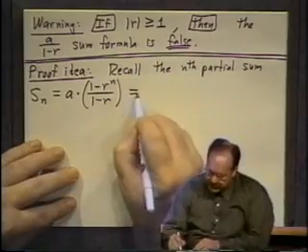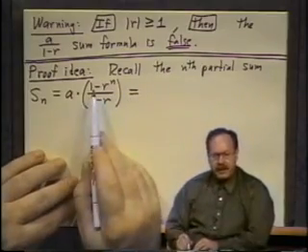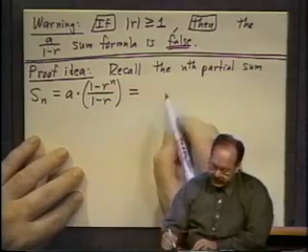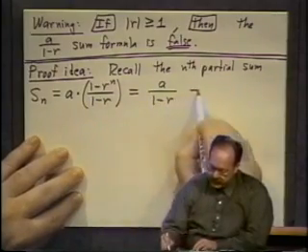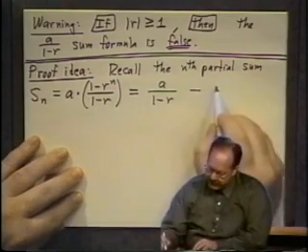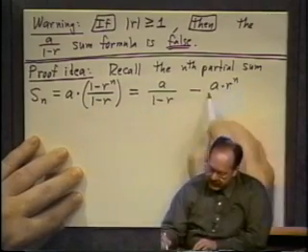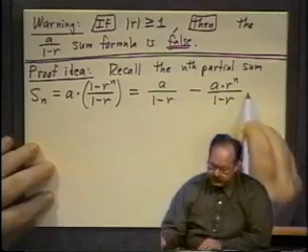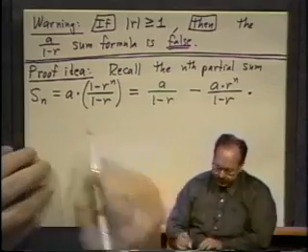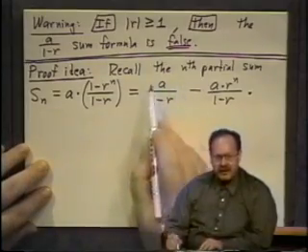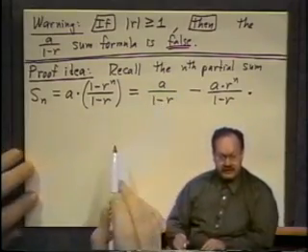Now I'm going to do a little algebra here. I'm going to break it up by using the top and multiplying the a through. So I'll have a times 1 over 1 minus r, minus a times r to the n over 1 minus r. Okay, so I just did algebra to break this apart. No mystery at this point. Now, you notice that this first part is exactly what the infinite sum turns out to be.